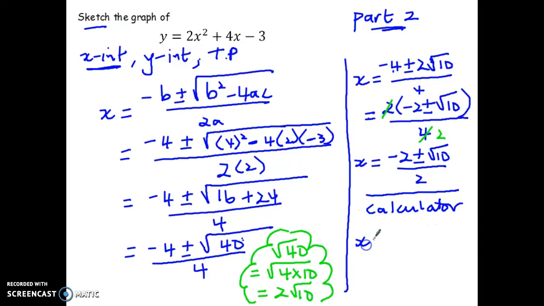And you should find that if you do minus 2 plus root 10 over 2 and minus 2 minus root 10 over 2, you should get answers of 0.58 and minus 2.58. So that will help you in placing them on the axis. So there's our two x-intercepts. We've now got to find our turning point and the y-intercept, and they should be a little bit easier.